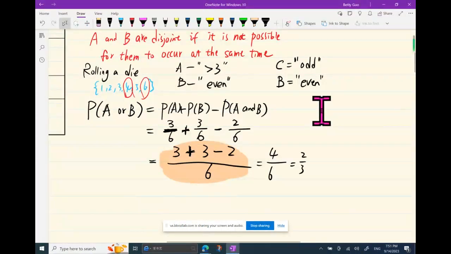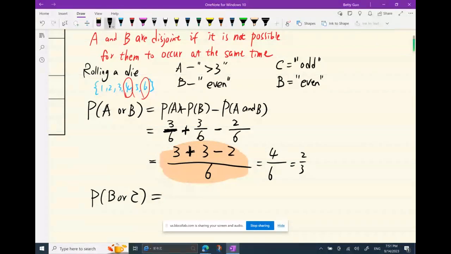Very good. And now let's see how we find the probability of B or C, P of B or C. As I said earlier, whenever we need to find the probability of one event or the other event, we need to ask the question: are the two events disjoint?